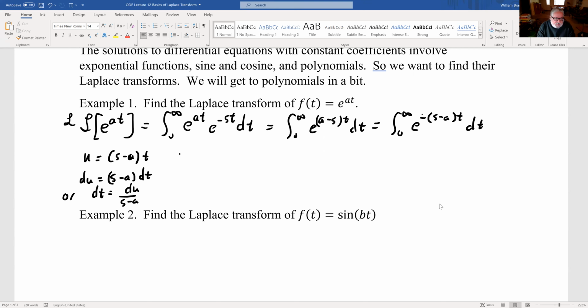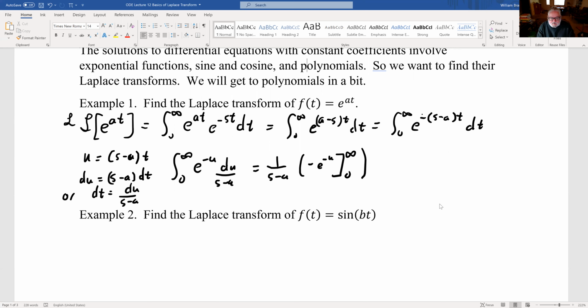So after the substitution, the integral becomes 0 to infinity e to the minus u du over s minus a. If we do the integration, we get the s minus a comes out. The integral of e to the minus u is minus e to the minus u evaluated from 0 to infinity.